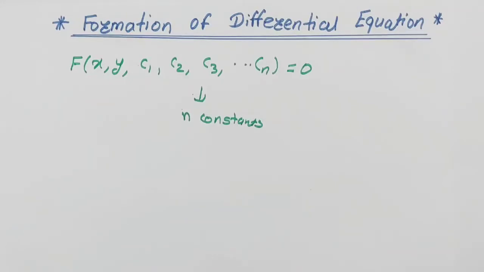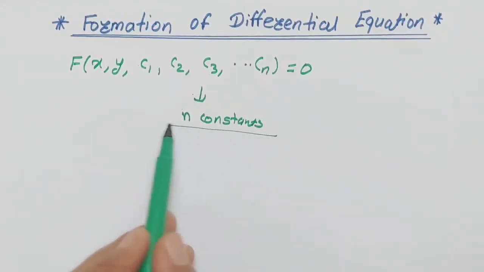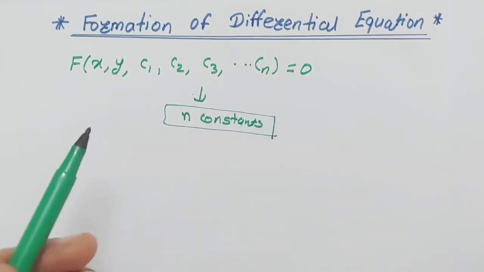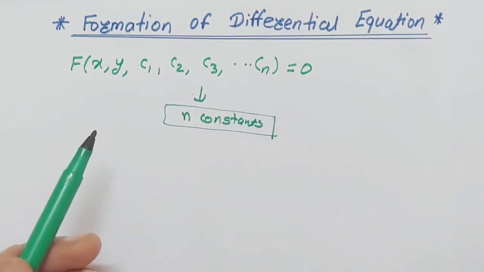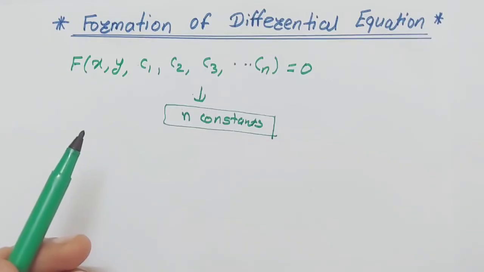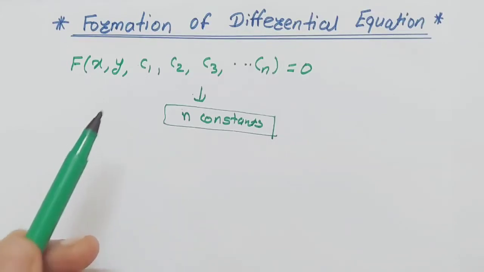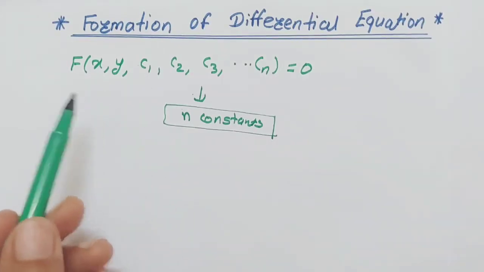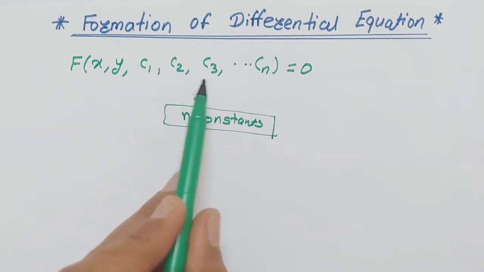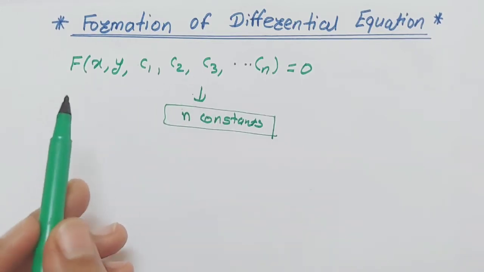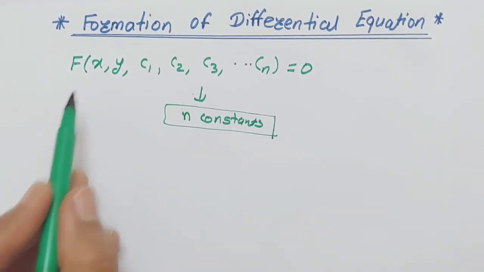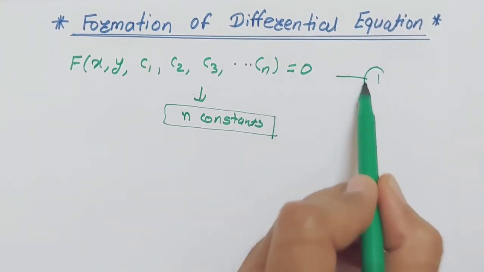What is the meaning of arbitrary constant? I will discuss that later. Now see, if we are given n arbitrary constants, we know that to find n unknown constants we require at least n equations, so that we solve those n equations and get the values of the constants. Here, since we are given n constants, we have to differentiate this equation. Suppose it is equation 1.